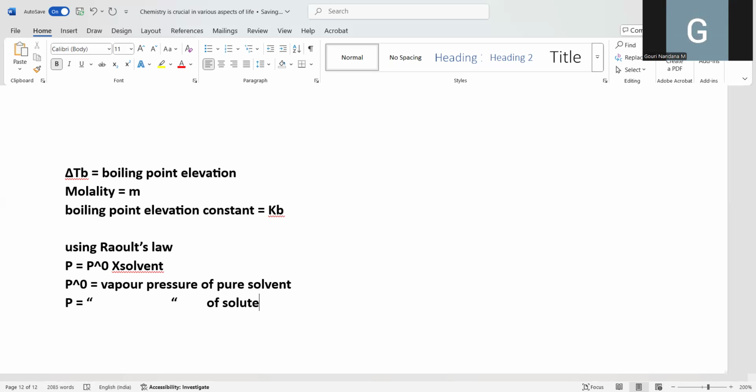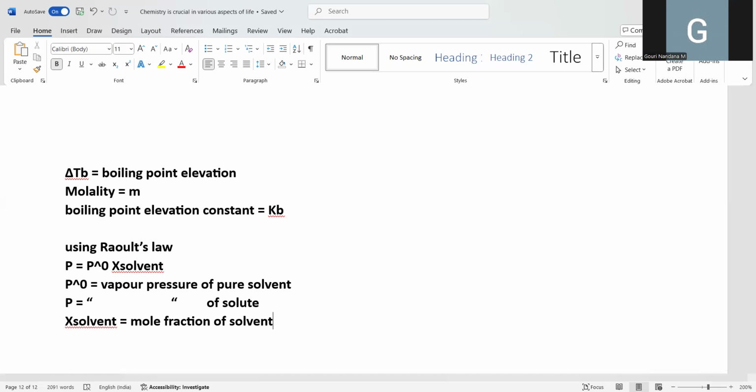And X solvent means the mole fraction of the solvent. So for a dilute solution, the mole fraction of solute will be X solute.